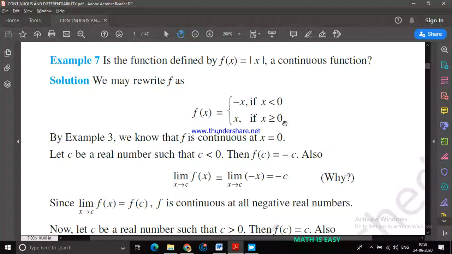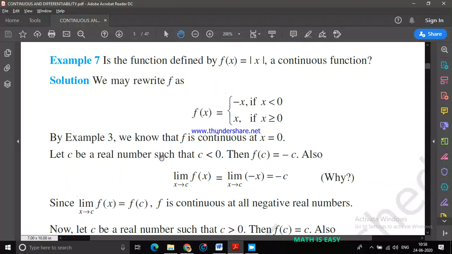That is the definition given. So there are two cases. Let c be any real number, because I am not checking the continuity at 0 only. I want to check at any random point you take. You close your eyes and take the point. I have to check whether the function is continuous. So c be any real number. It can be any real number as you wish.